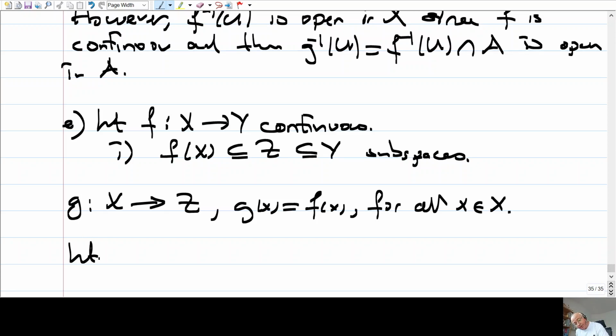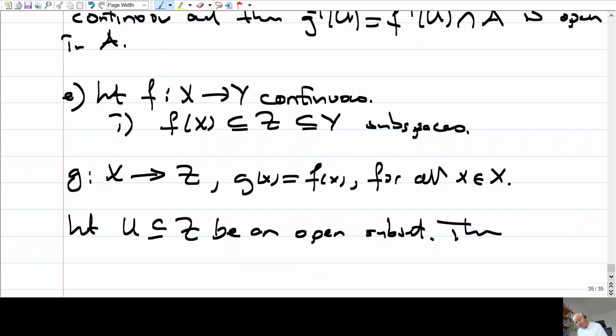Well, let U be an open subset. Then, what is the inverse image G inverse of U?